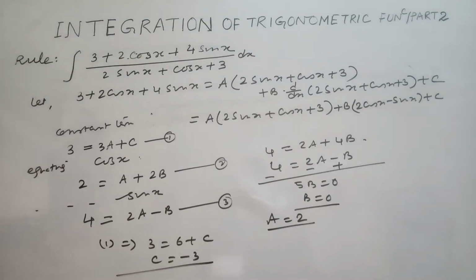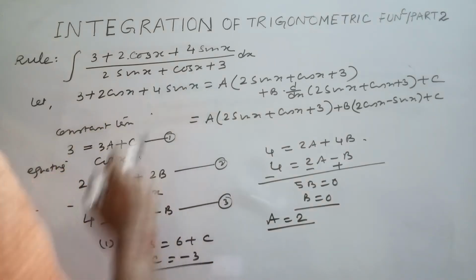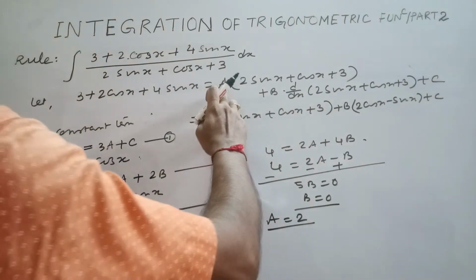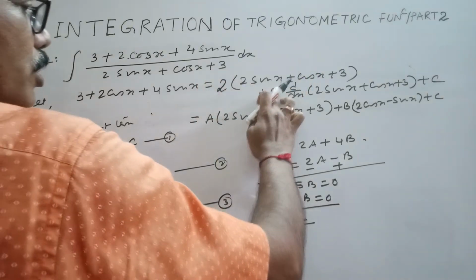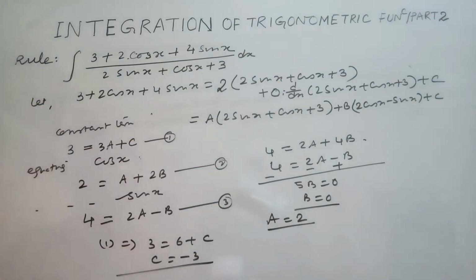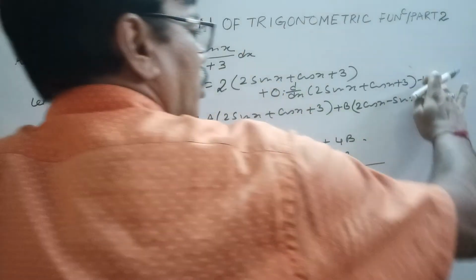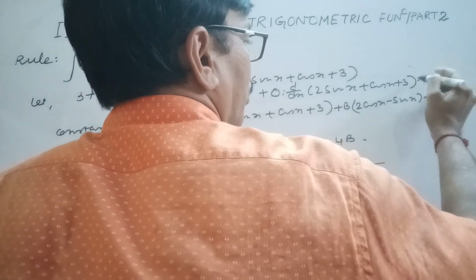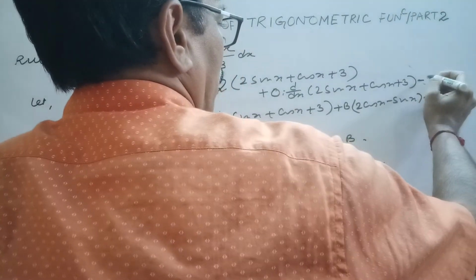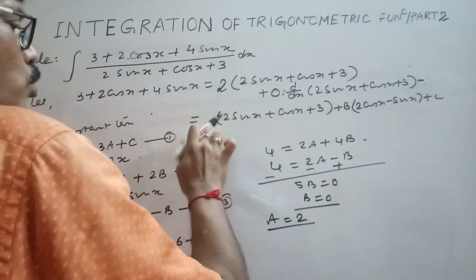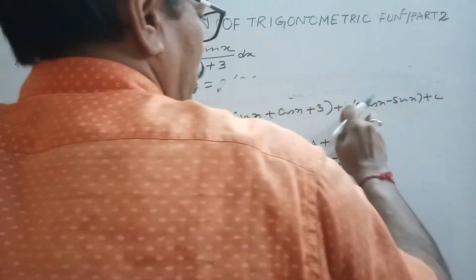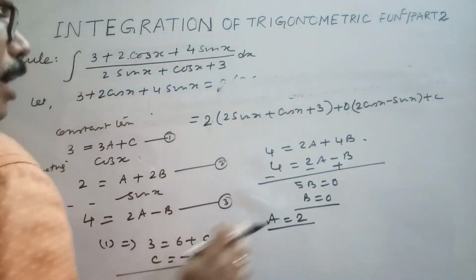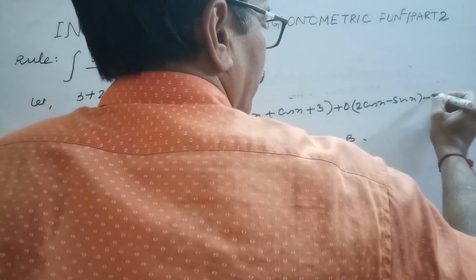So, what we are getting? Therefore, 3 plus 2 cos x plus 4 sin x equals A, which is 2, into the denominator, plus 0 into the derivative, so this part is cancelled out, and C is minus 3.